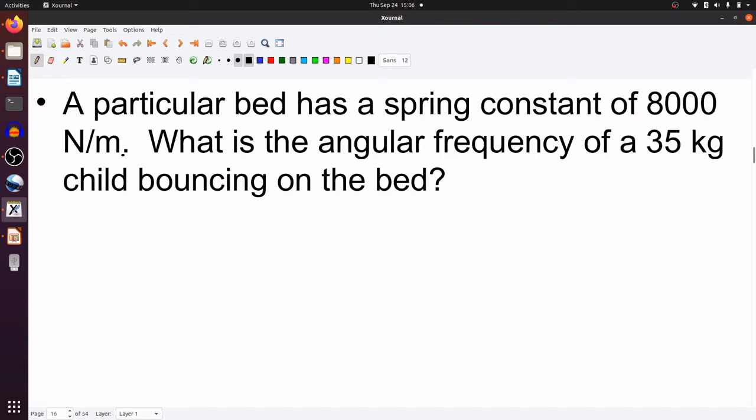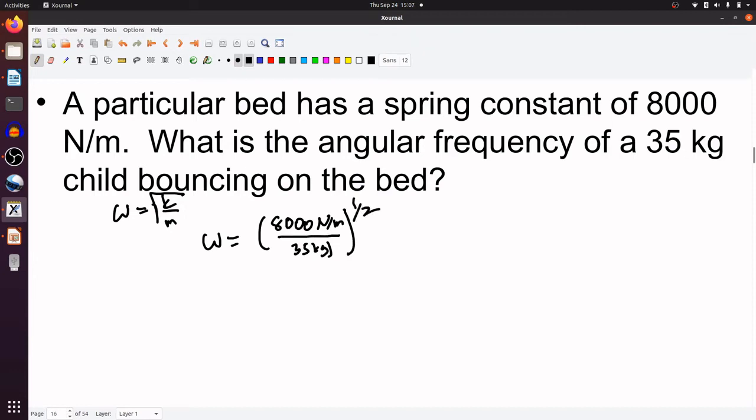This one's really simple. Probably should have picked a more difficult one, but all you got to do is omega is equal to k over m square rooted. We're just looking for omega, so I simply take my spring constant of 8,000 newtons per meter divided by 35 kilograms.